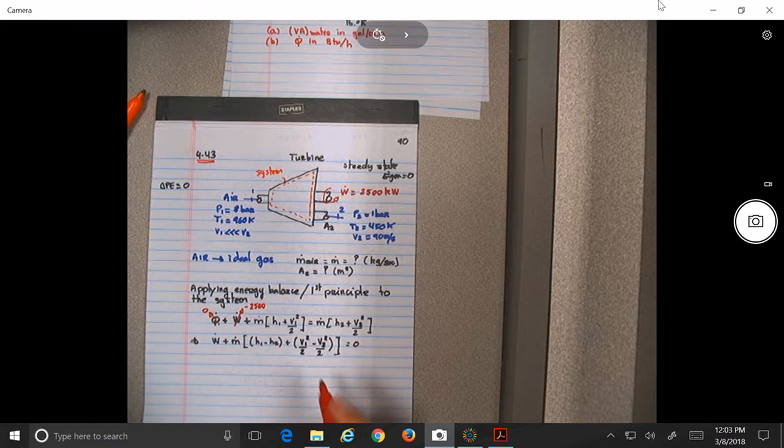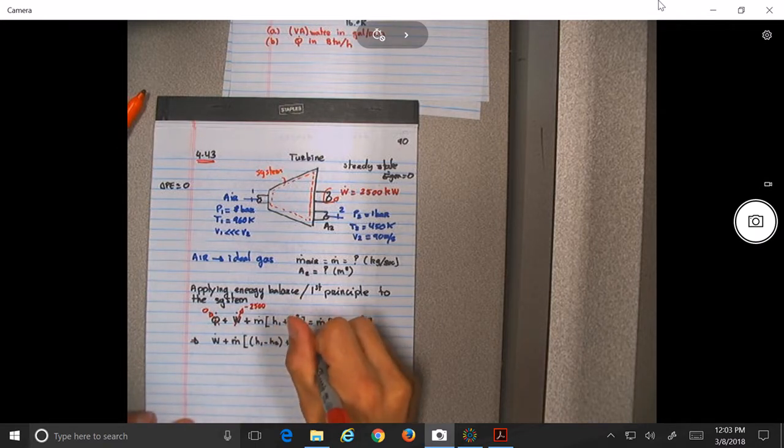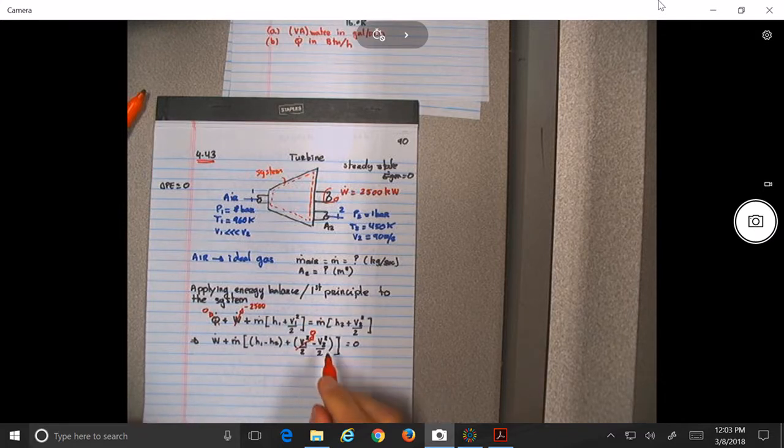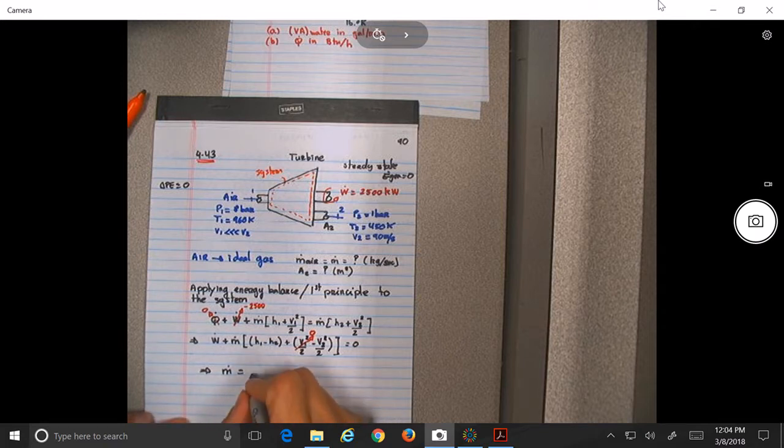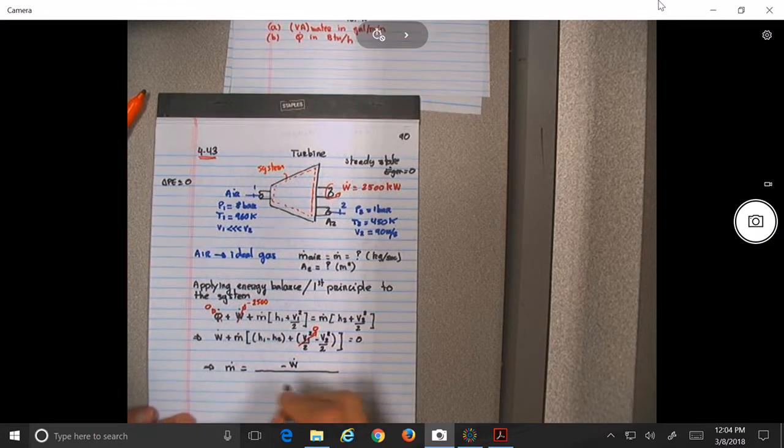So now, what do we know about this? They say V1 is very small. So what does that mean? We can probably neglect this value, no? For the difference. So now this will give us what? M should be equal to what? To the value for the negative of the power. So that will become positive, divided by H1 minus H2 minus V2 squared over 2.